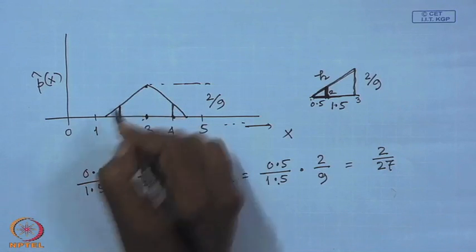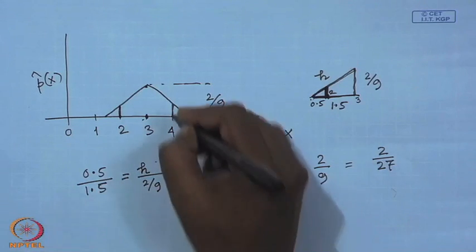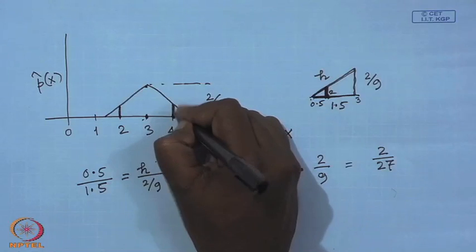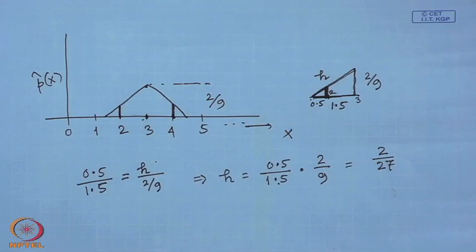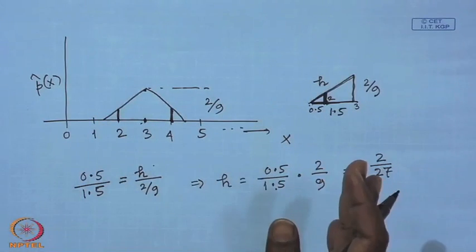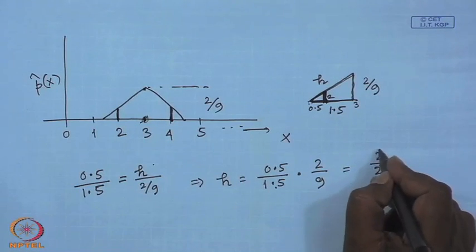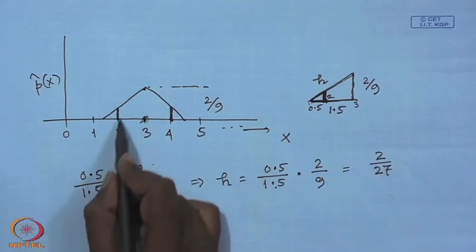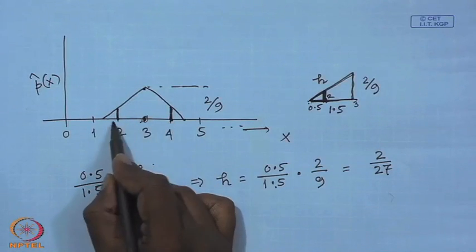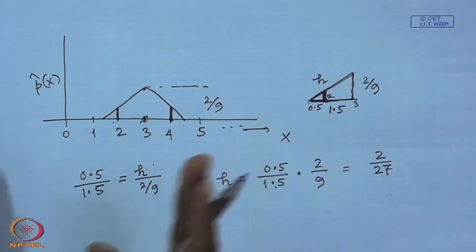So, this height is 2 by 27, and by symmetry this height is also 2 by 27, because this window is a symmetrical window. So, the final probability density at location 3 will be twice this 2 by 27, because that is this height plus this height, as these two are the samples lying within my triangular window.